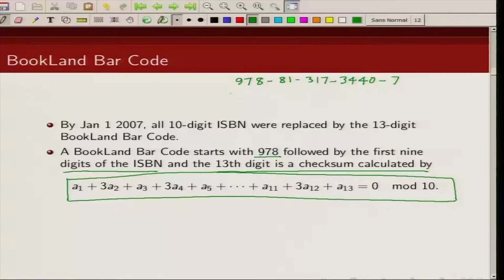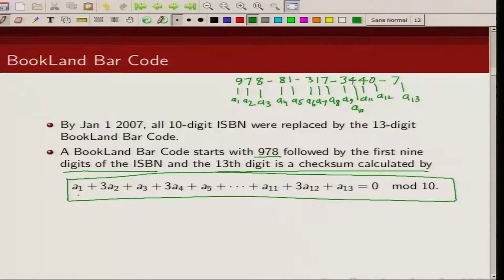Now, this is my A1, this is my A2, this is my A3, this is my A4, A5, this is A6, A7, A8, A9, this is A10, this is A11, this is A12, and this is A13. So let's look at whether we are getting the same check digit as predicted by this.